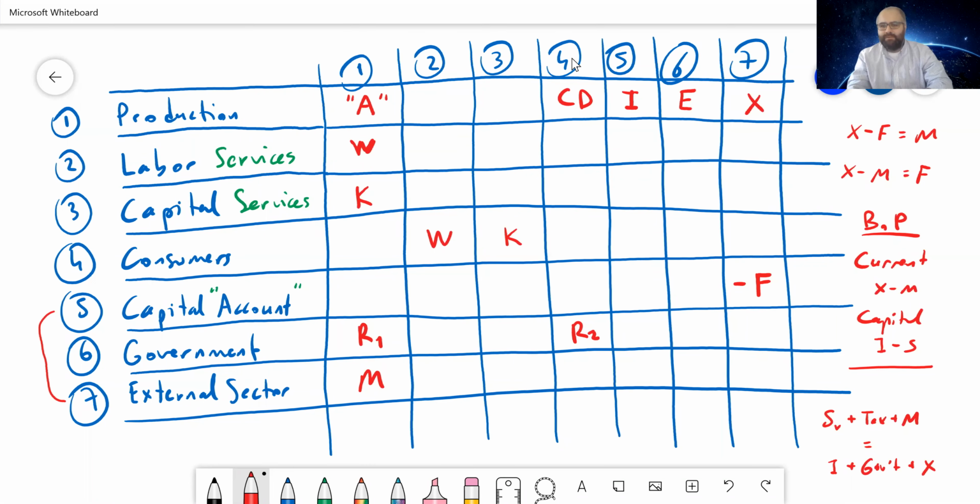Okay, so this is the simple macroeconomic identity. All right, so this must be true for any macroeconomy. All right.